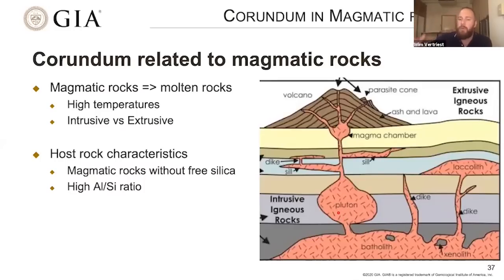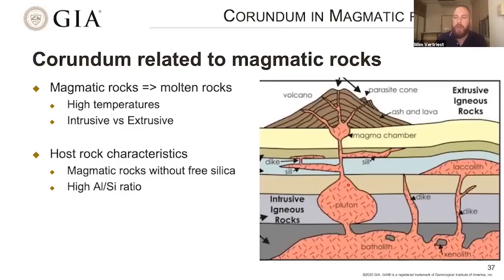But the main difference I want to point out is that you have some of these magmatic rocks reaching the surface. That is what we call extrusive. So they appear on the surface as molten rocks. Those are the images that we typically know from Hawaii or Iceland of those volcanic eruptions there. But a lot of those magmatic rocks, they remain underground and they crystallize underground where they form these rocks.